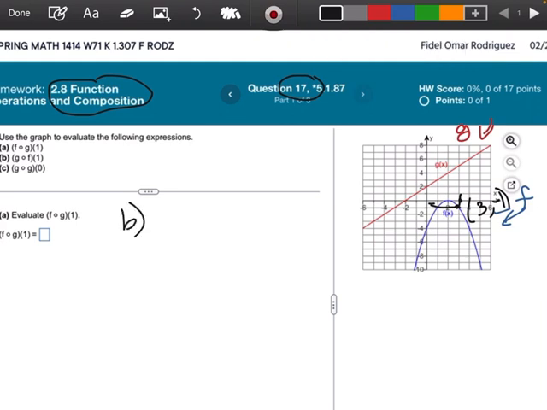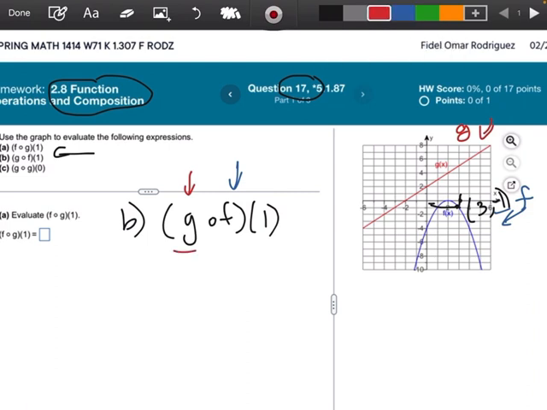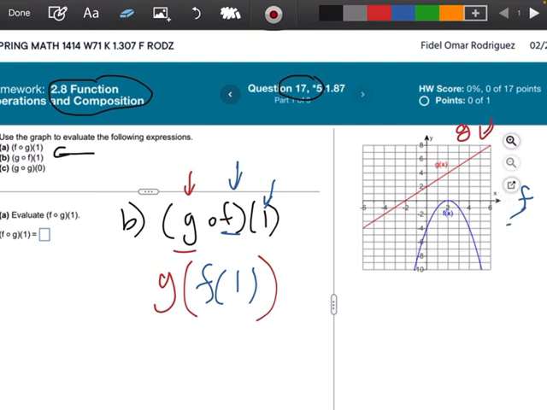Part B says we are trying to find G of f of 1. Remember, G is my red function and f is my blue function. Since the first letter I see here is G, I'm going to write the letter G, and then in parentheses, since the next one I see is the letter F, that's what I write, and my x number is 1. Let's clean up this mess. First, I'm going to go to x equals 1.